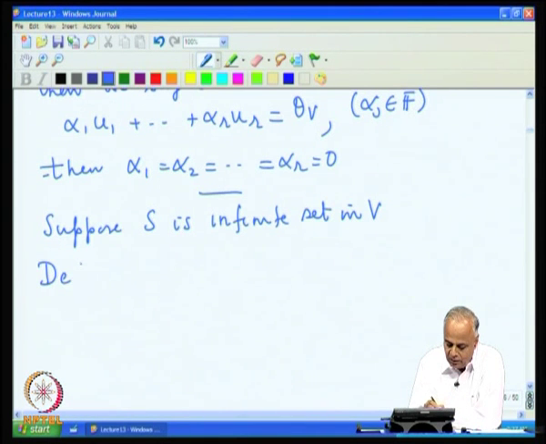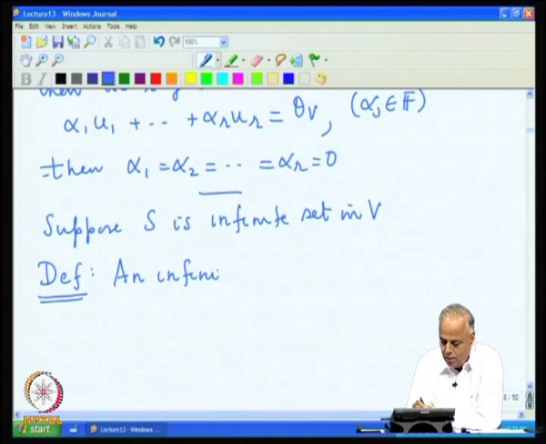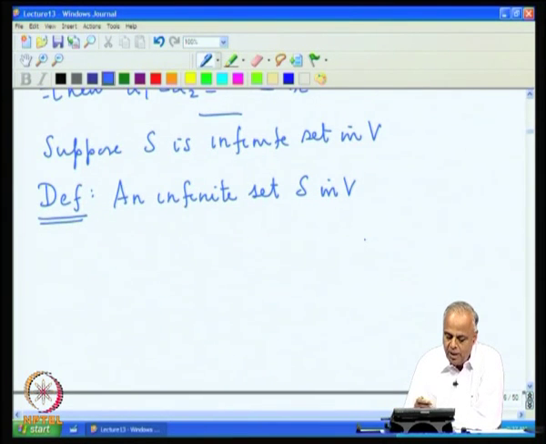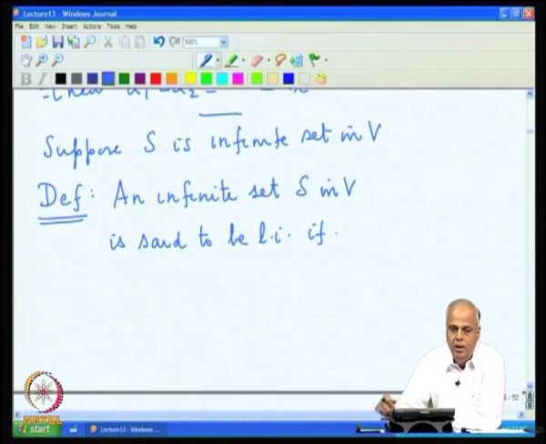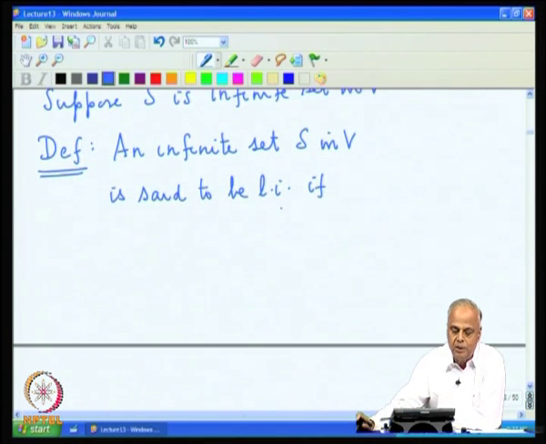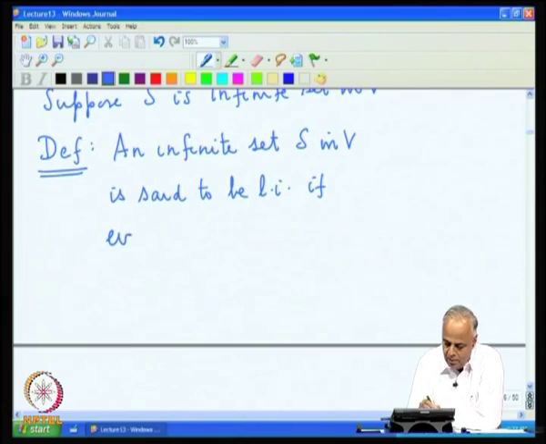So, definition: an infinite set S in V is said to be linearly independent if every finite subset of S is linearly independent.